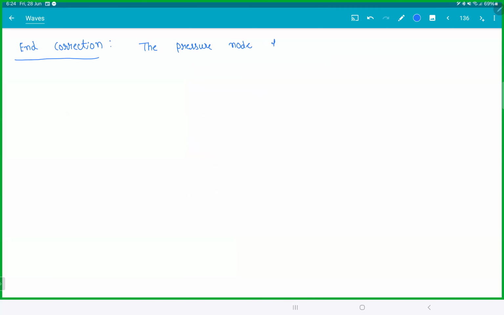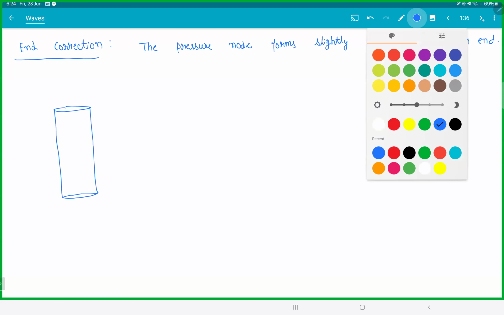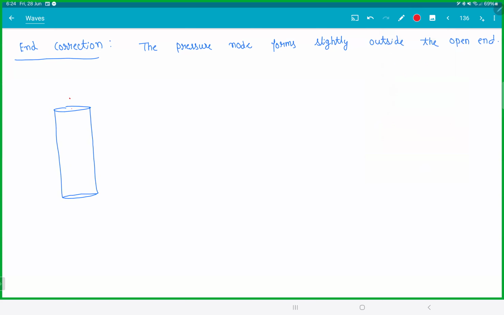The pressure node forms slightly outside the open end. That means the node instead of here, we take the node here.